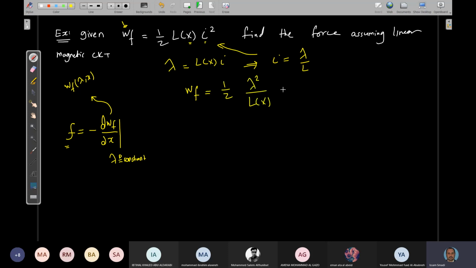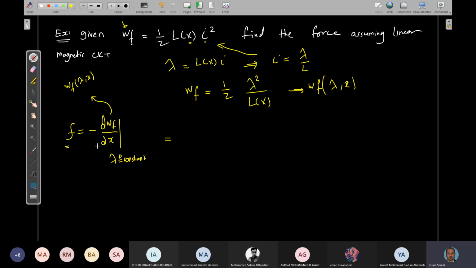Now omega F is a function of lambda and x, so I can do the partial derivative, but I could not do it before.